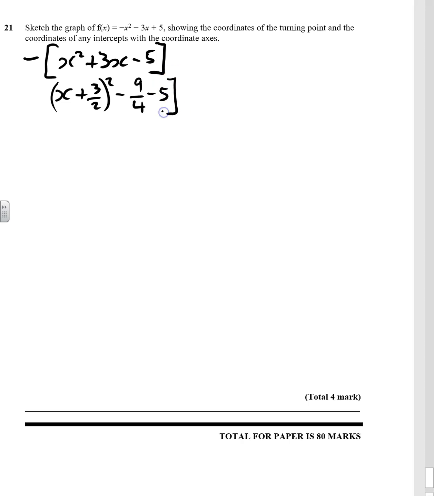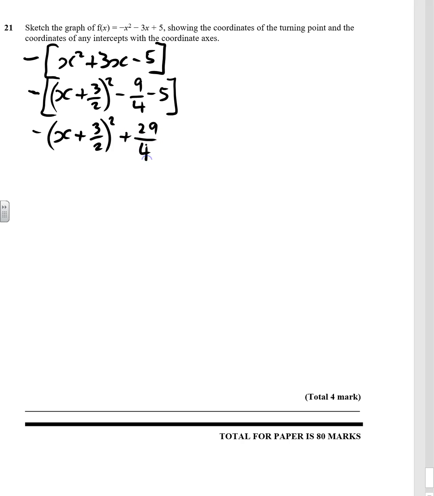That's still all in brackets with the negative. Now, to get our turning point, I'm going to just keep my bracket being negative, and this can become plus 29 over 4.